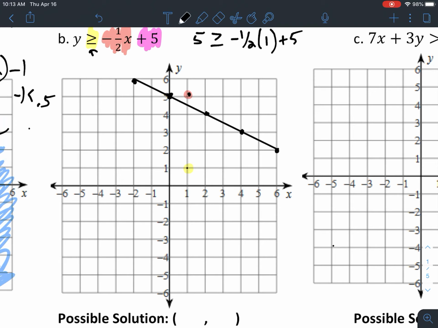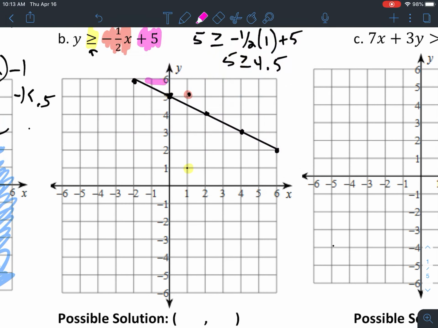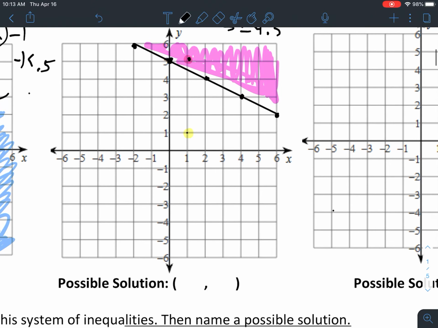Once again, negative 1/2 times 1 gives us just negative 1/2 plus 5 gives us 4.5 is less than or equal to 5. That's true. So for that problem, I would have you shade this top part up here that works, just like that. That means our possible solution is 1, 5.